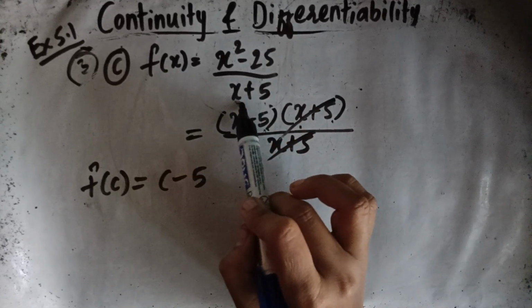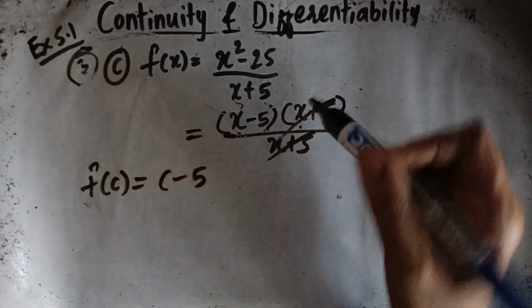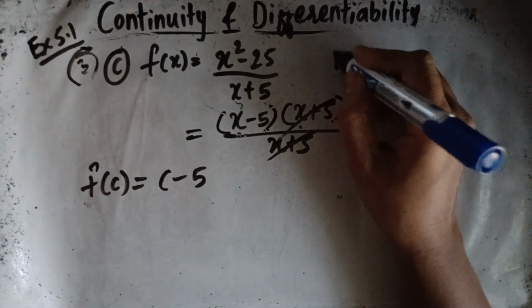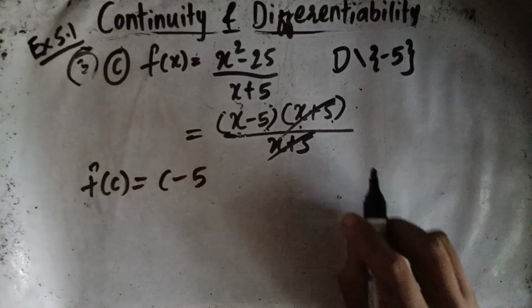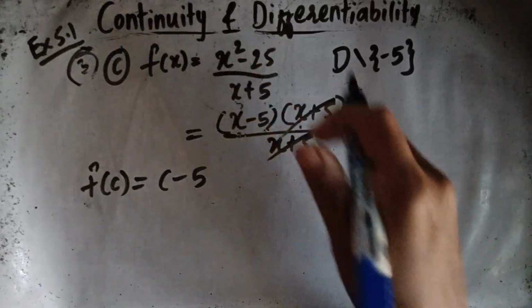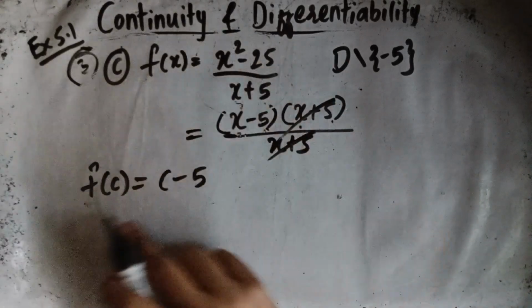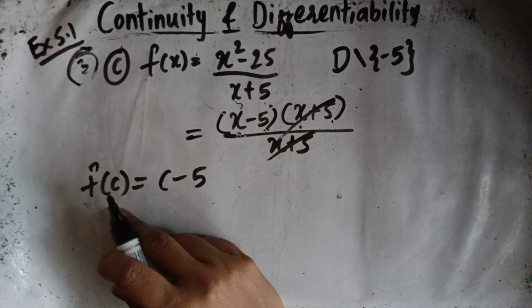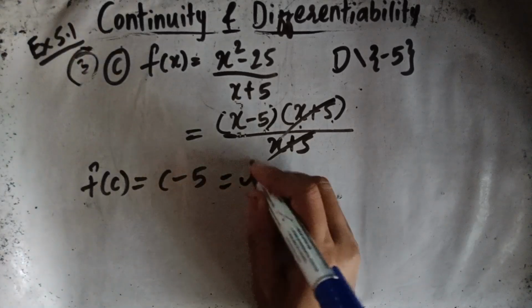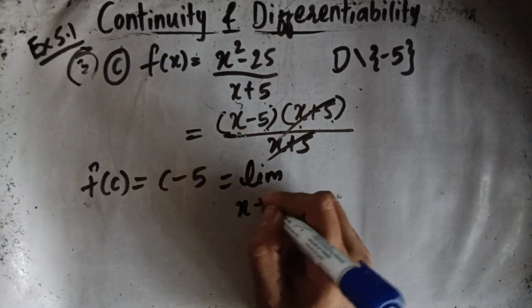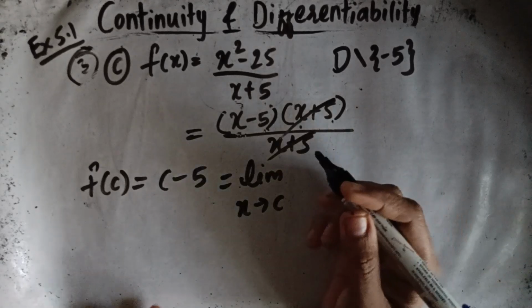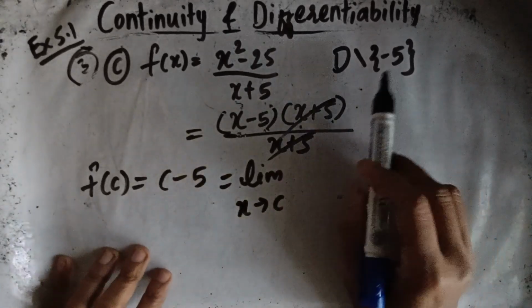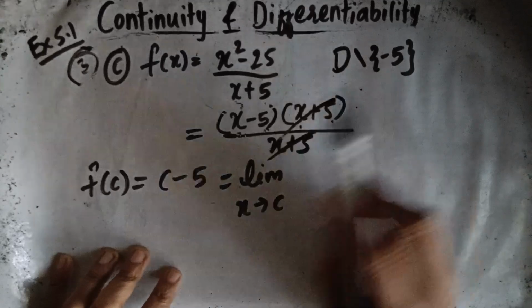So here also you have to keep in mind that you have to remove minus 5 from the domain. Then you can proceed further. So this is your f of c, which is the same as the limit as x tending to c. So f is continuous at every point except this point. So this point we have to remove.